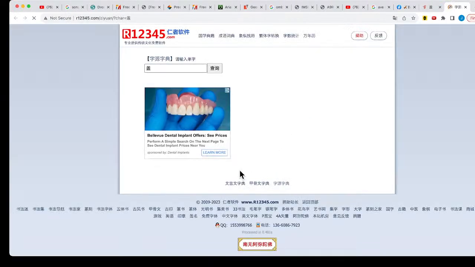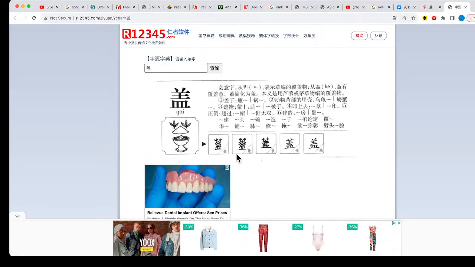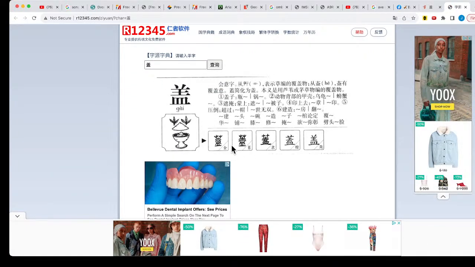So let's take a look at this character itself. You can see that on the bottom is a vessel to contain things, right? And right there, that's the cup, that's the cap. And why does the top have the plant over there?